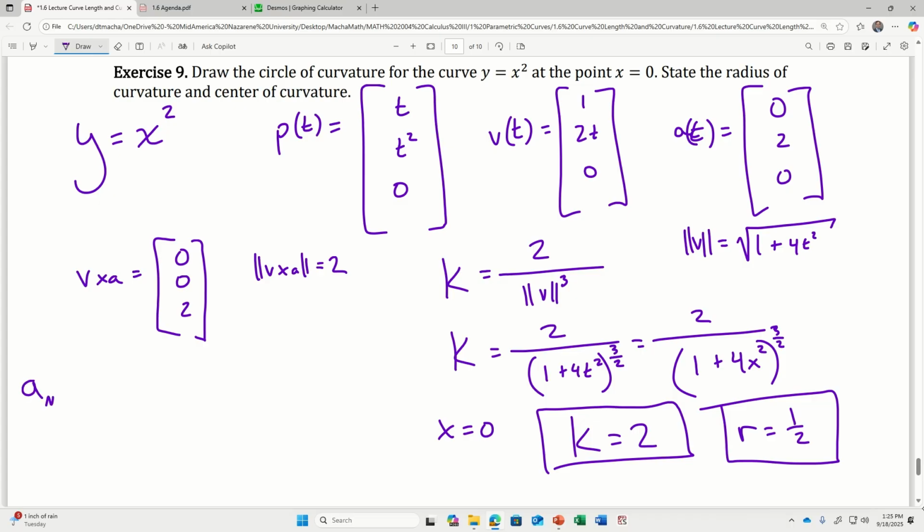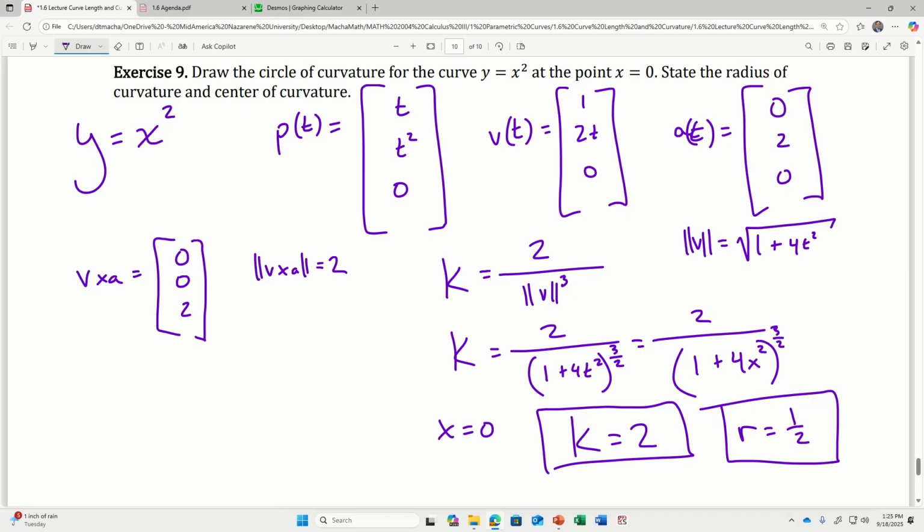So you remember my normal component of acceleration is the... there's kind of a lot of work, isn't there? I'm trying to find the direction of the principal unit normal vector, but it doesn't have to be the principal unit normal vector.